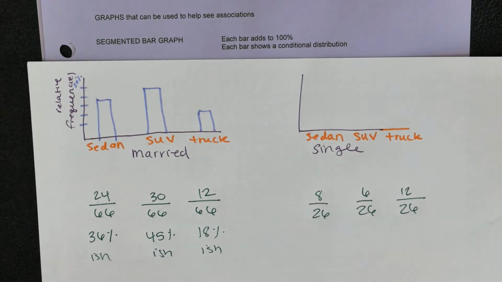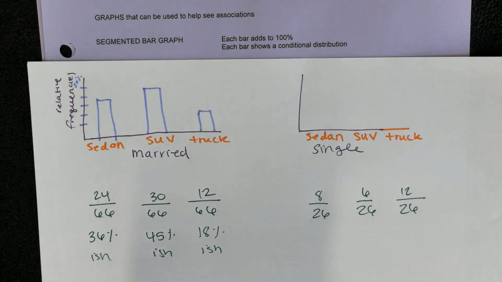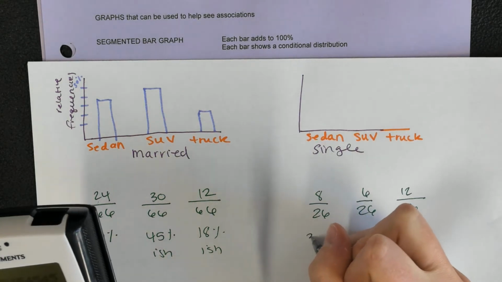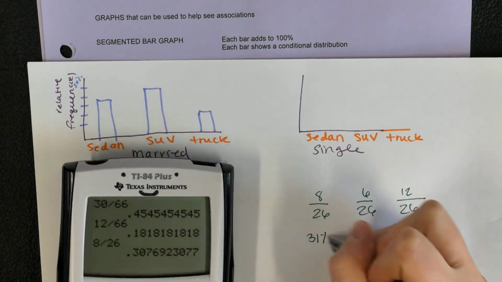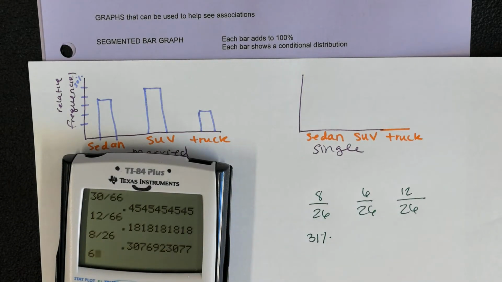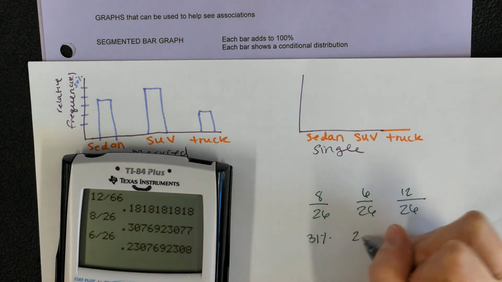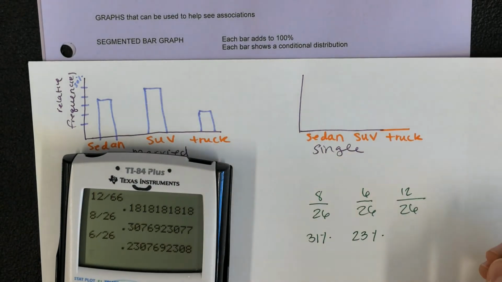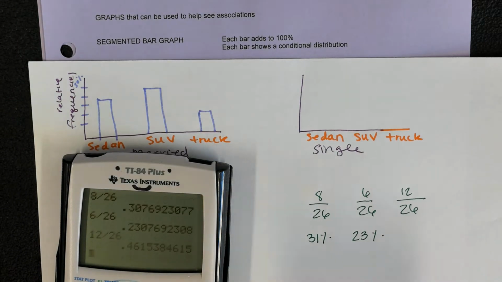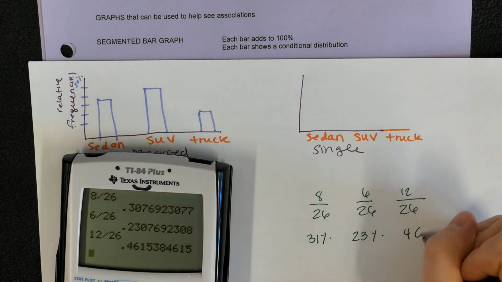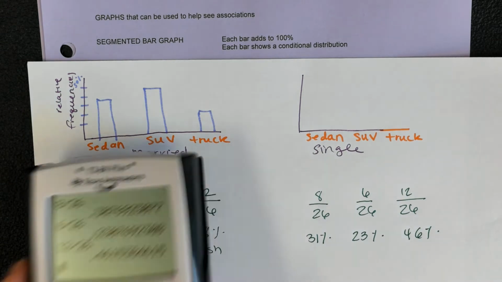If we go and find the percents for that really fast, we have 8 over 26, which is about 31%-ish. 6 over 26 is 23%. I'm being really inconsistent, but it's fine. Those are all ishes.